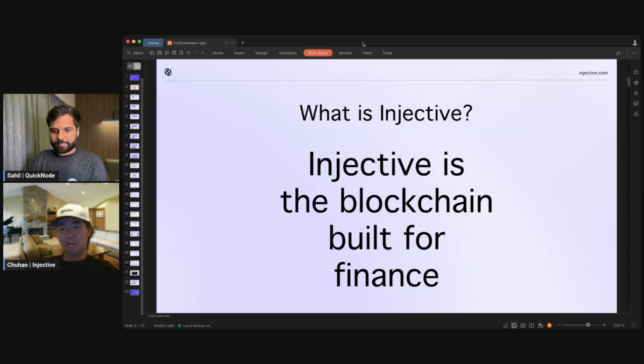So what does next generation finance require from a blockchain? I have a few points that I want to share with you. First, this blockchain needs to have very high speed and be highly scalable. Just imagine in the real world when you tap your credit card to pay for a coffee, millions of people are doing the same thing.